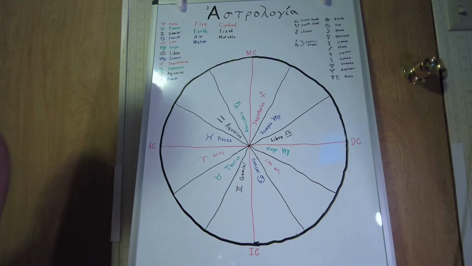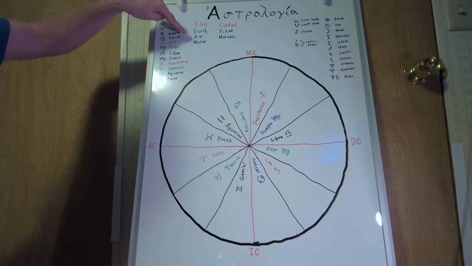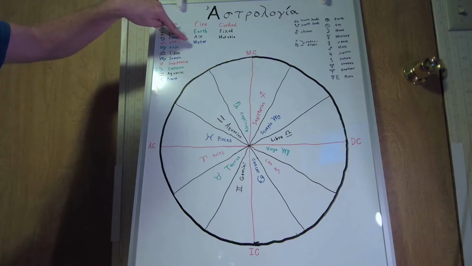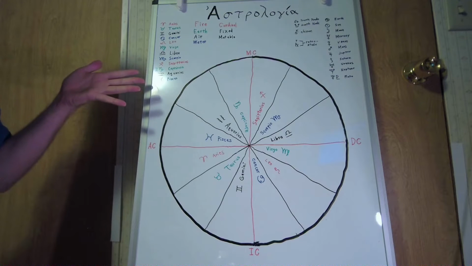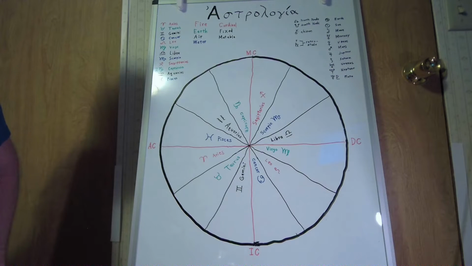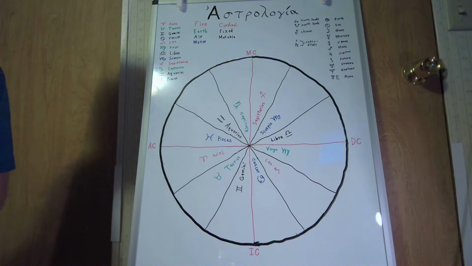And you'll notice I have them color coded. Fire is red, earth is green, air is black, water is blue. And the color codes are something that I made up, but as you'll see here, it can be helpful.